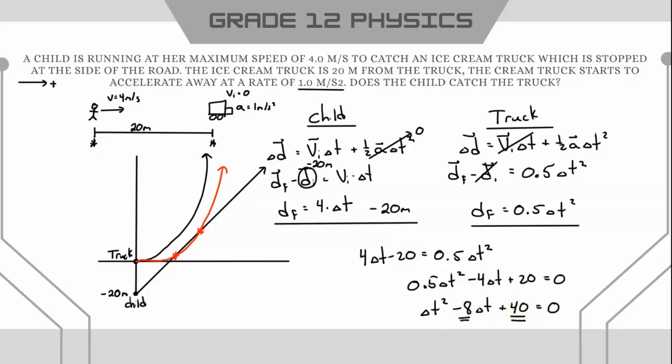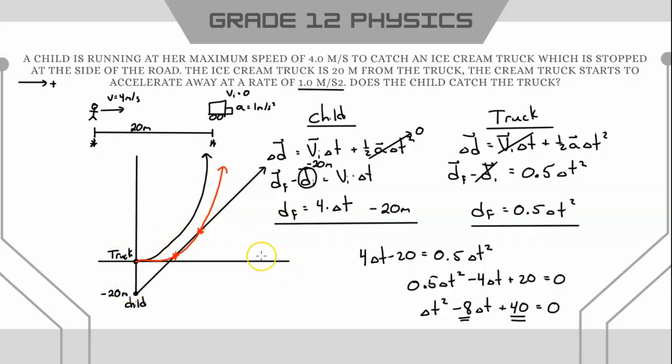And I can't think of any at all. Now, if you want to double check, you can use your quadratic formula, but I don't see this giving any real solutions. That tells me that the child never catches up to the truck. So it's more like this first one that I drew before I drew the red curve.